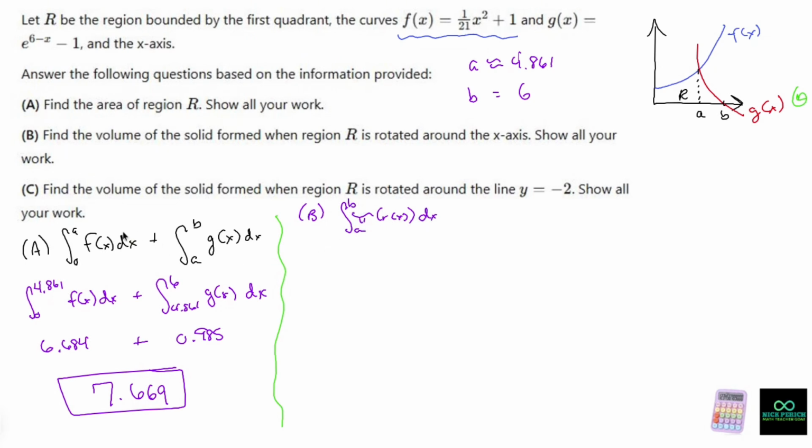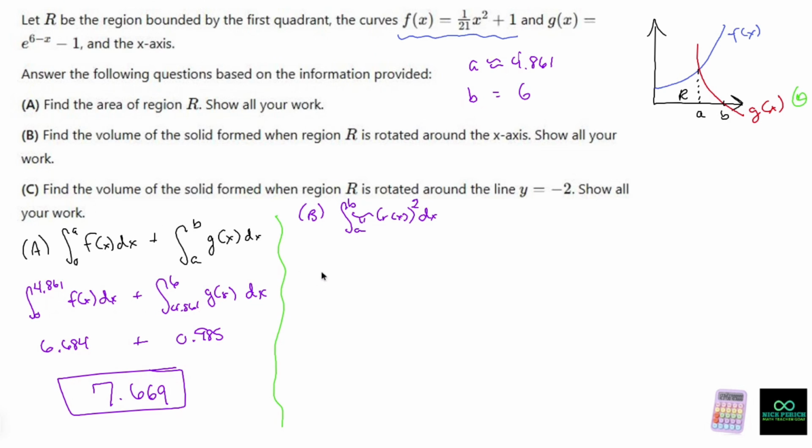Now what I'm going to do is set this up the same exact way, using these two guys being added to each other, but I'm going to square the functions. I forgot to say that over here. Square the functions and attach pi to it.